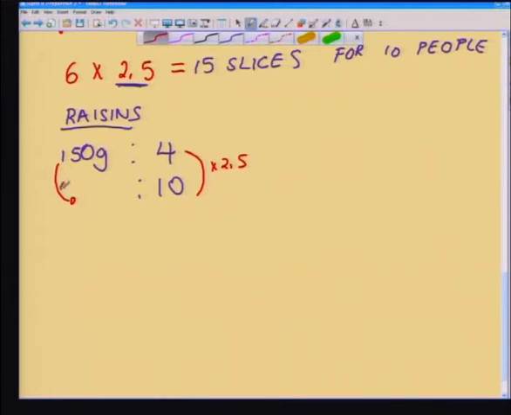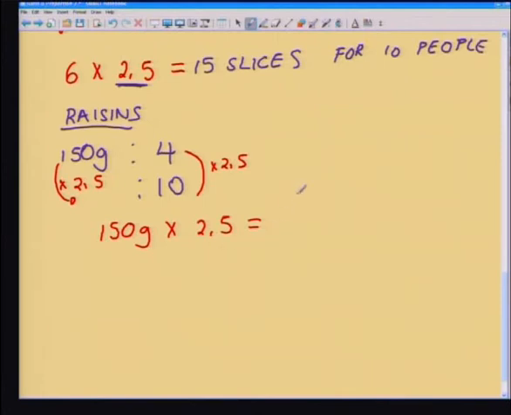I'm also going to times by 2,5 to work out how many grams of raisins I'm going to need. So for the raisins, it's 150 grams times 2,5. You can do this bit on your calculator. I've already calculated the answer, and I will get 375 grams of raisins for, again, 10 people.